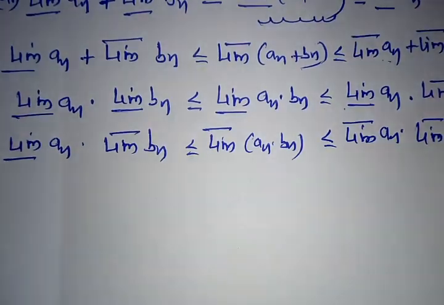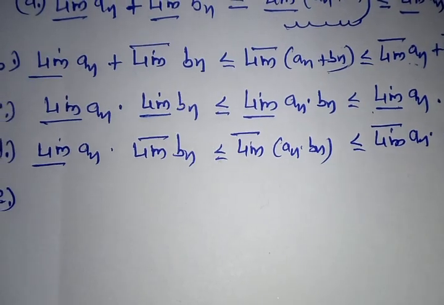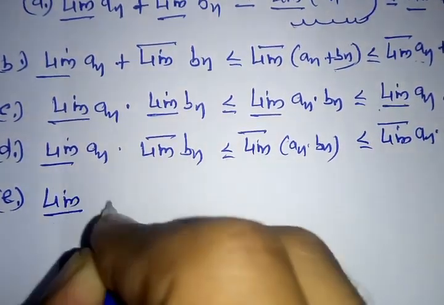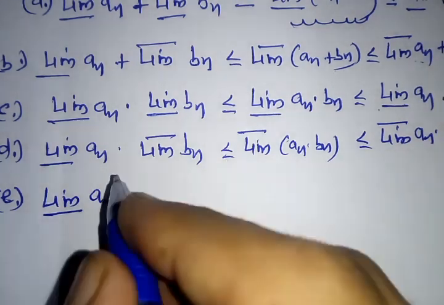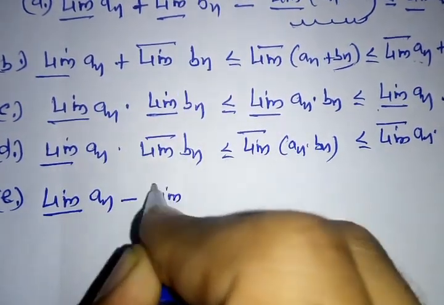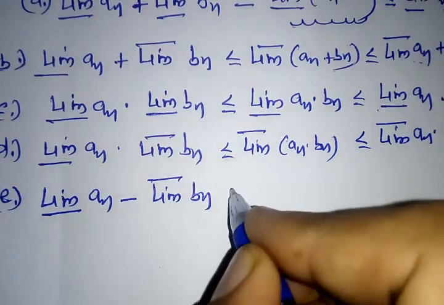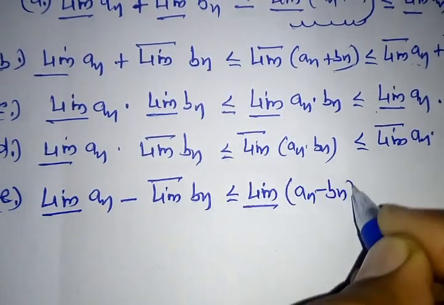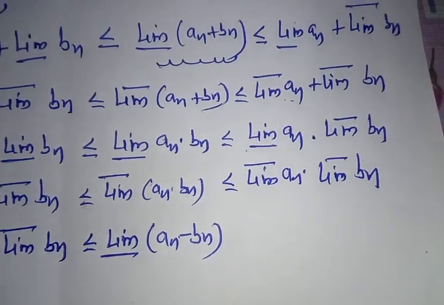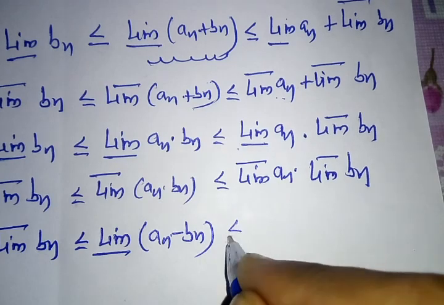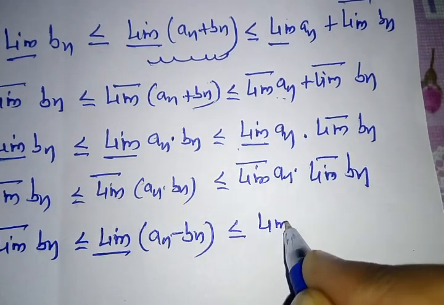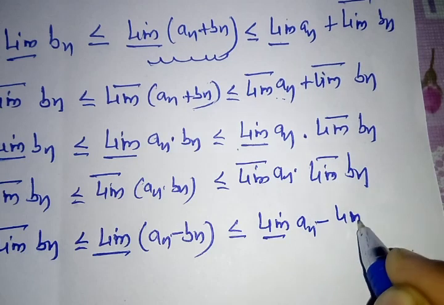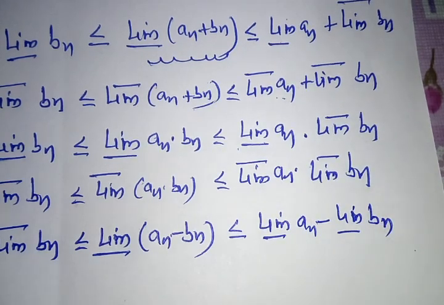Next property, e part. What it states: limit inferior of sequence an minus limit superior of sequence bn is less than or equal to limit inferior of an minus bn, which is less than or equal to limit inferior of an minus limit inferior of bn.